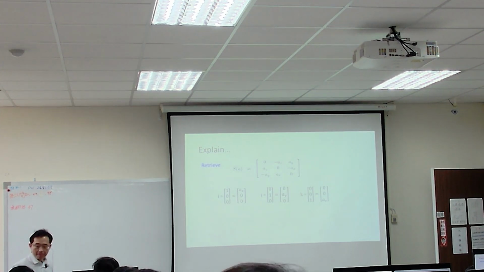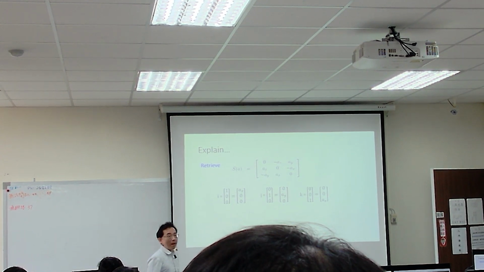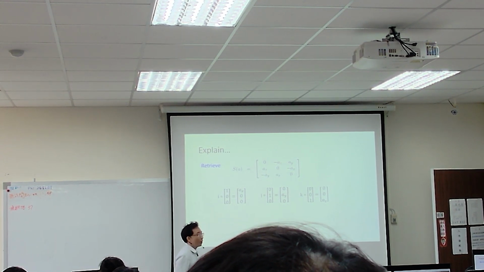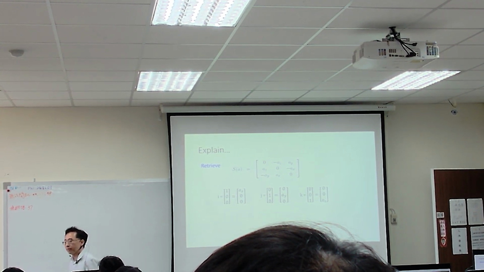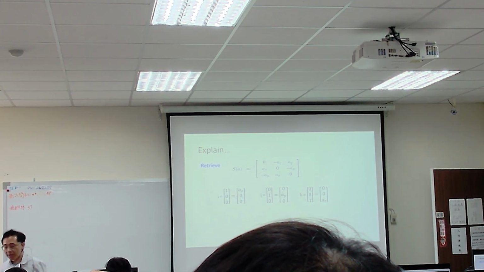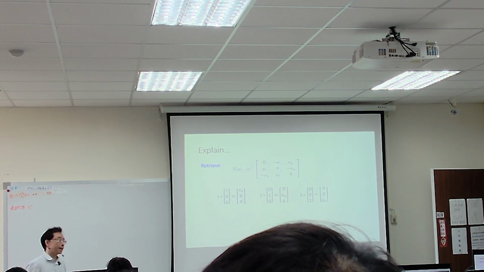Because when i equals 1, 0, 0, the element over here that will exist is AX. Same situation for j is AY, k equals AZ.